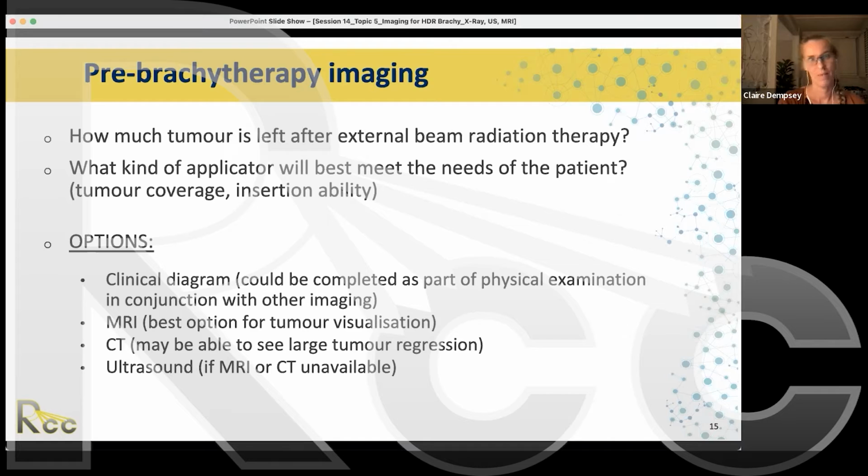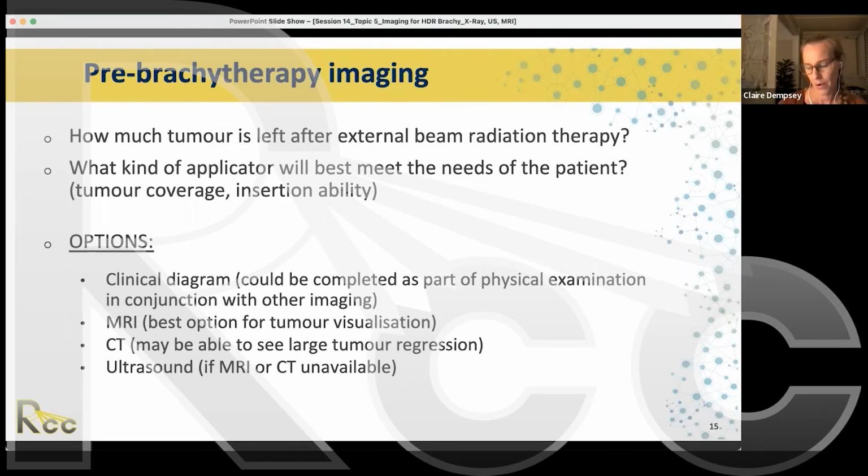That's fine. But really what we need to do is get another image at the end of external beam, just to see what's happening inside our patient. After 40 or 50 gray of radiation therapy, the tumor that was there before treatment is going to look quite different to the tumor that is there afterwards.